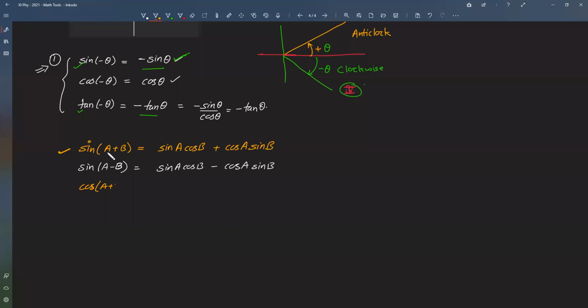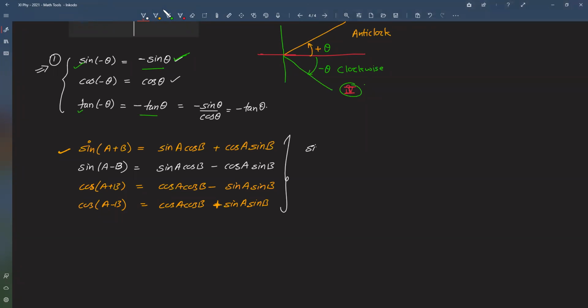Cos A plus B is cos A cos B minus sine A sine B, and cos A minus B is equal to cos A cos B plus sine A sine B.